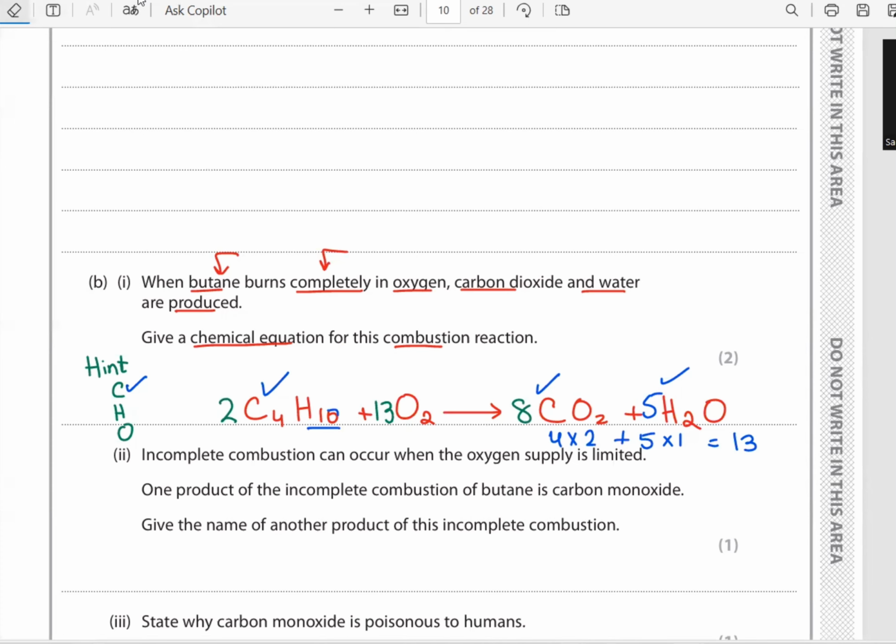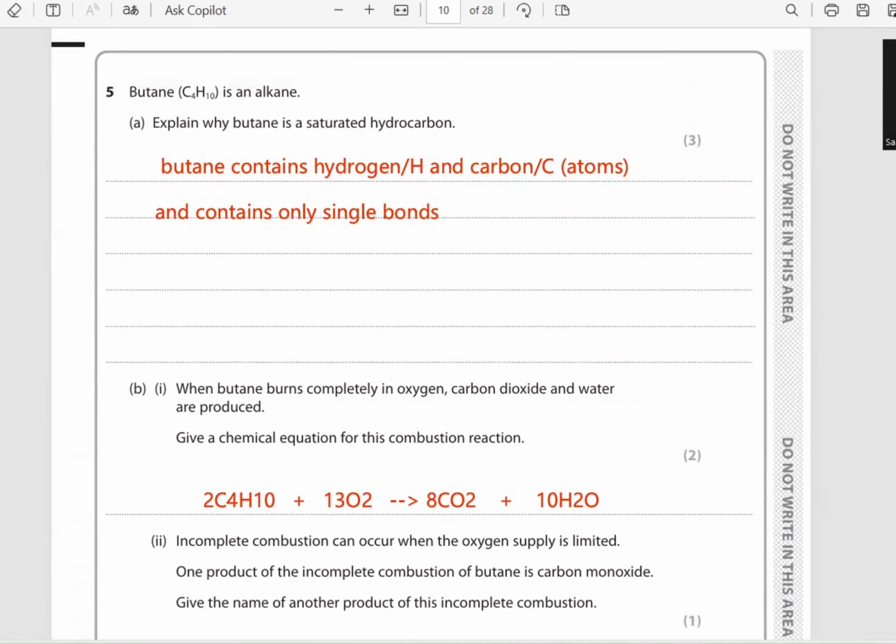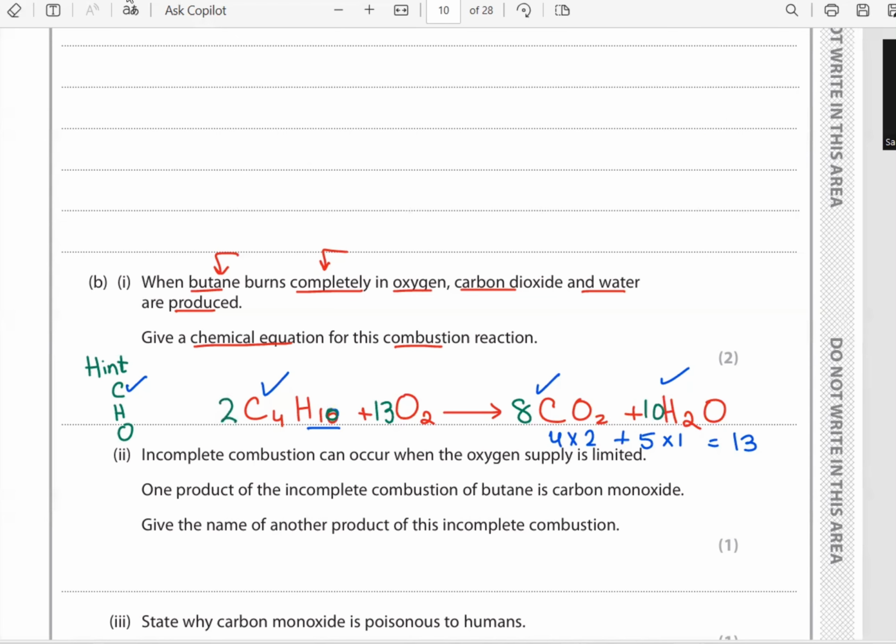And water is 5, so multiplied by 2, 5 times 2 is 10. 2, 13, 8, 10. Let's see the answer. Correct, 2, 13, 8, 10. But they will also accept fractions, so you can balance in fractions as well.